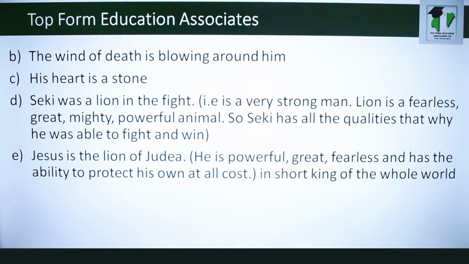But when you look at it in a deeper form, you find out that whoever is putting down this expression simply means a very strong man. Lion is a fearless what? Animal. Whoever they are talking about here is what? A very strong man.